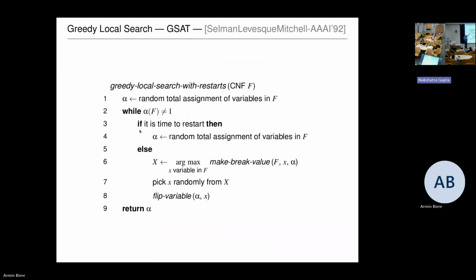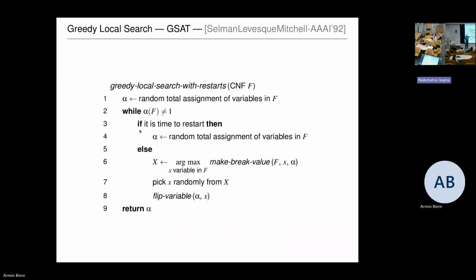They already had restarts to keep the whole thing PAC complete. And then this is my reformulation, how you would do it nowadays with everybody doing machine learning: you just do an argmax for the reward. The reward was the make-break value, and you just maximize the reward, and that's what you pick here as candidate set.